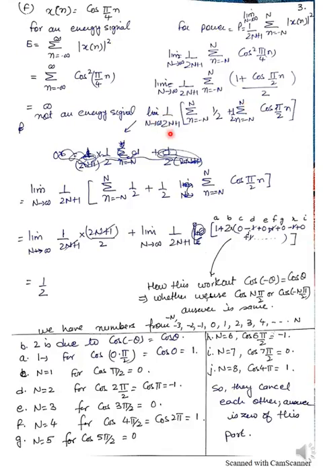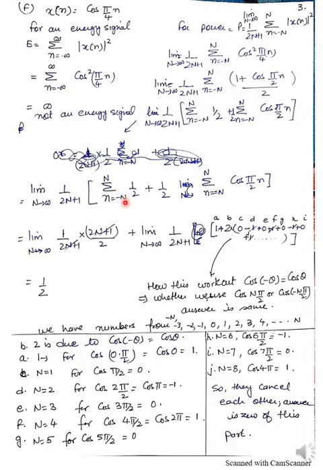So we can write limit n tends to infinity, 1 upon 2n plus 1, summation n equals minus n to n, separating these two terms: 1 by 2 plus 1 upon 2, which is coming from this part, and the sum from minus n to n of cos(pi by 2 n). Solving the first part is very easy, we can take the 1 by 2 outside.